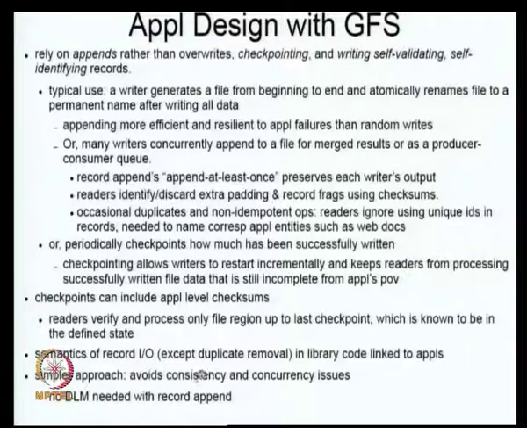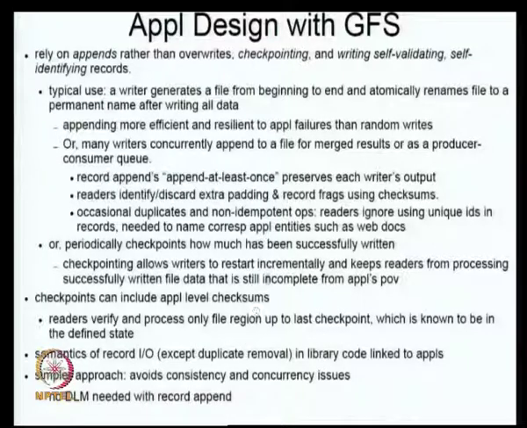Okay. And the consistency is avoided because you have a relaxed model. Okay. You don't have these stringent requirements that POSIX will have. So you basically sidestep some of the complicated things that are there, but the application becomes slightly more complex. But the idea is that the library code handles all of it.